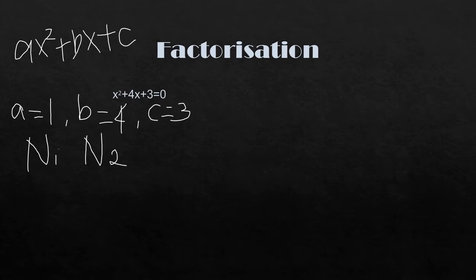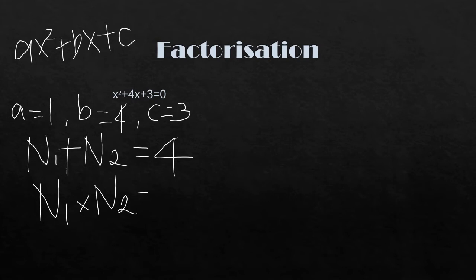The sum of n1 and n2 should be equal to the b value of the equation, which is 4 here. And the product of these two roots should be equal to a multiplied by c, which is 3. Now we need to think of two numbers which have the sum of 4 and product of 3. What are those two numbers?